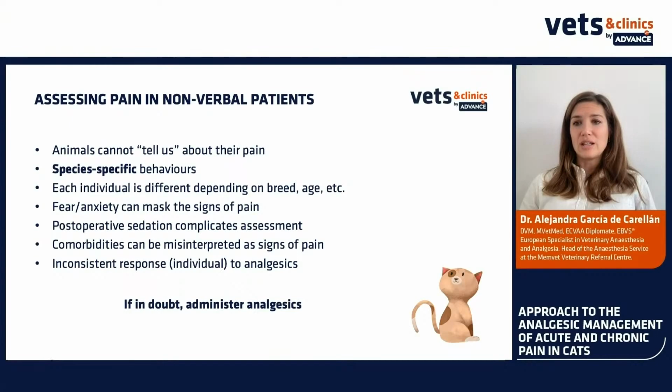And also, one drug at one dose specific for cats may be different from one cat to another. So for one cat, ketamine will be good, and you can give ketamine to treat chronic pain in a cat, and for the other one, the cat will be dysphoric, and the dose is not well adjusted, or basically the drug is not good for this patient.